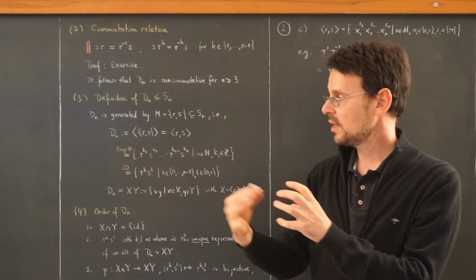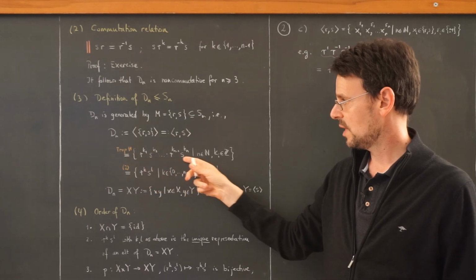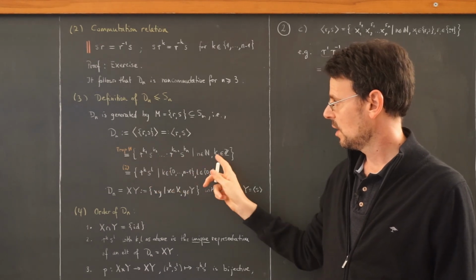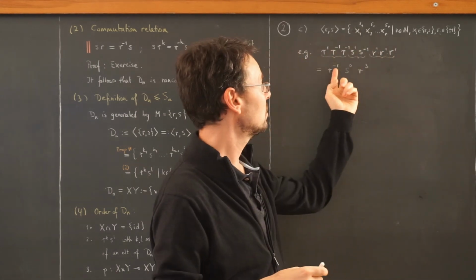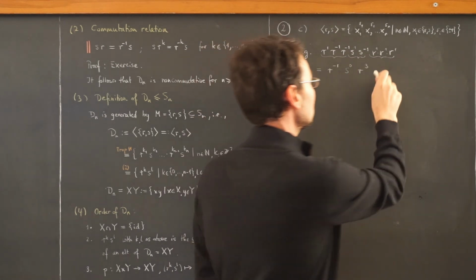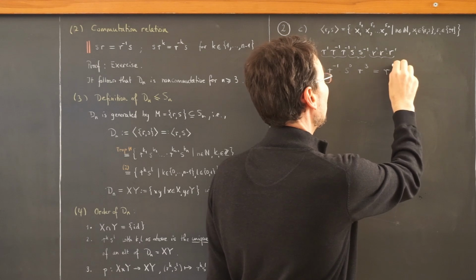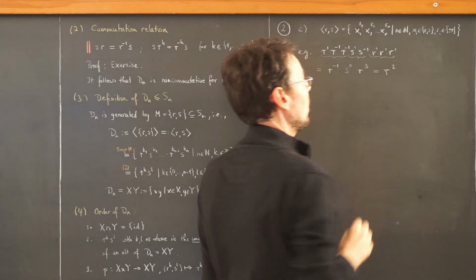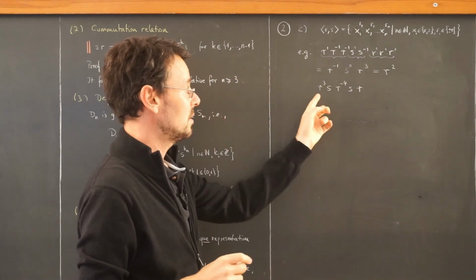So by combining all the R's and the S's, I first of all end up with an expression like this here, and the exponents can be integers, as you see here. It could be R to the minus 1, or it could be S to the 0. So in this case, this here could be simplified to R squared.